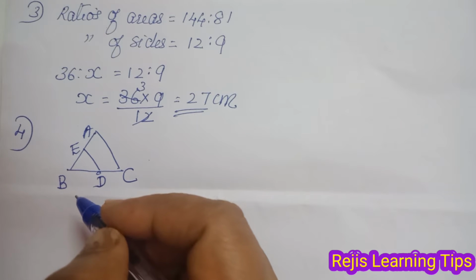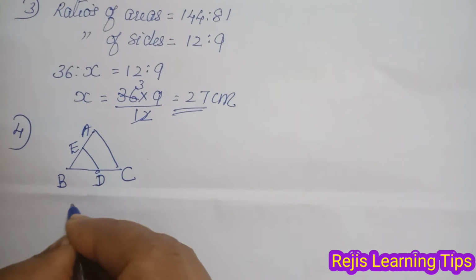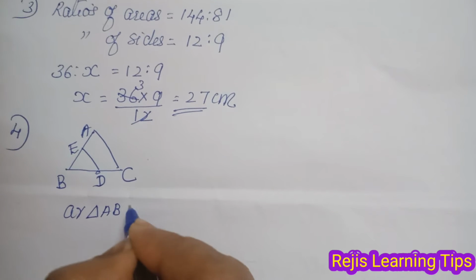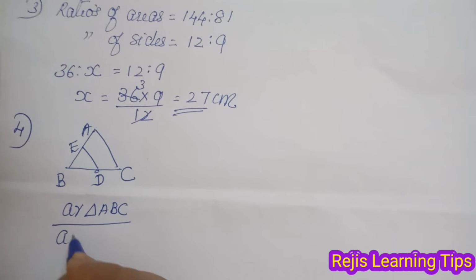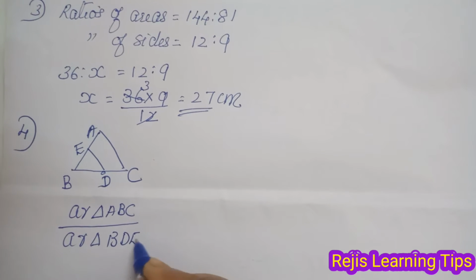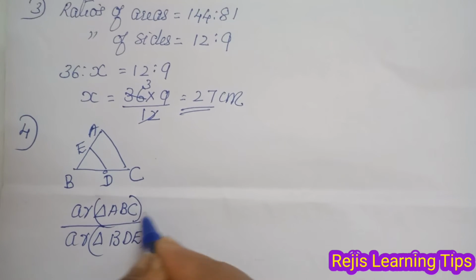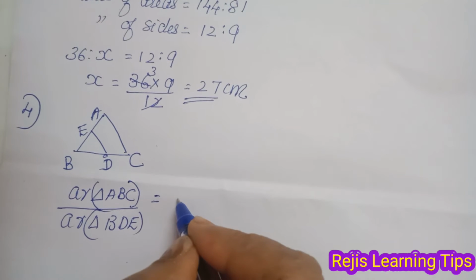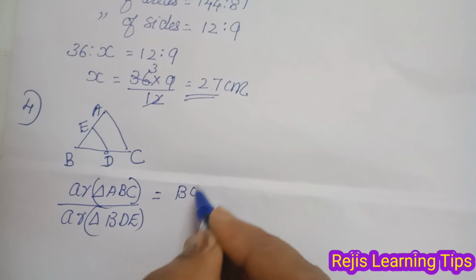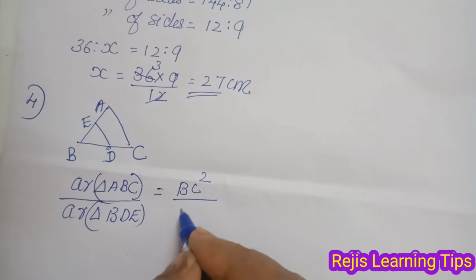The ratio of the areas of similar triangles is equal to the square of the ratio of their sides. Then area of triangle ABC divided by area of triangle BDE is equal to BC square by BD square.